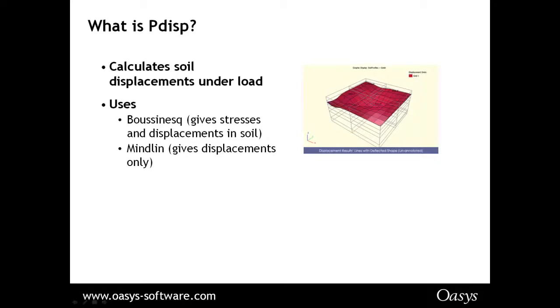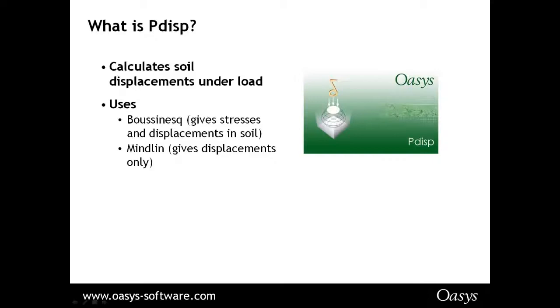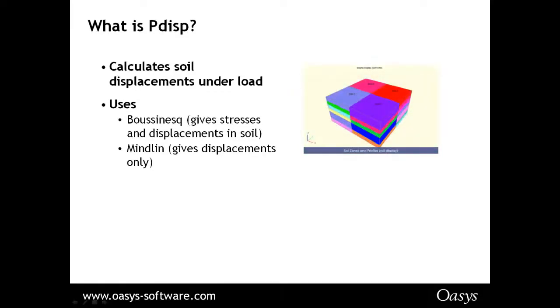For example, Boussinesq gives stresses and displacements in soil, but it's a little bit more sensitive to how you set the model up. Mindlin, on the other hand, just gives displacements in the soil, but is much more robust and has the advantage that you can model piles in there because it can deal with shear loads as well as just pressures.